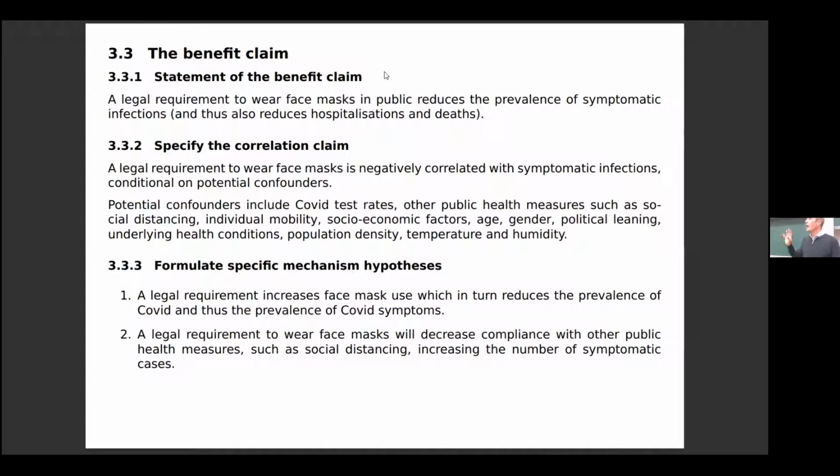There's also a hypothesized counteracting mechanism that might undermine the mechanism of action. This is that a legal requirement to wear face masks will decrease compliance with other public health measures, such as social distancing, and it will counteract the positive effect of wearing a face mask.